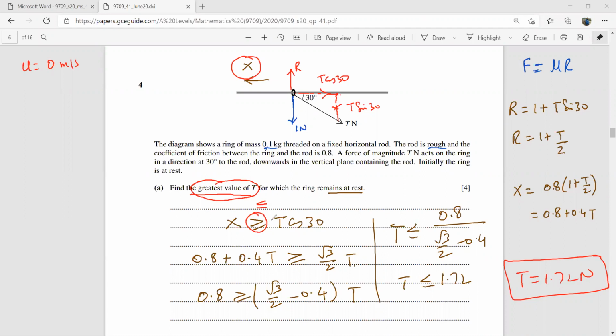In fact, you will be keeping just the equal mark here, because that would be the point of limiting friction. So if you want the minimum force required so that this starts accelerating, this has to be just above 1.72. I hope you got it.